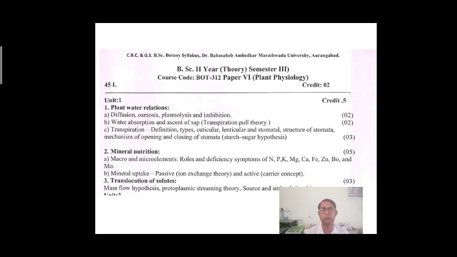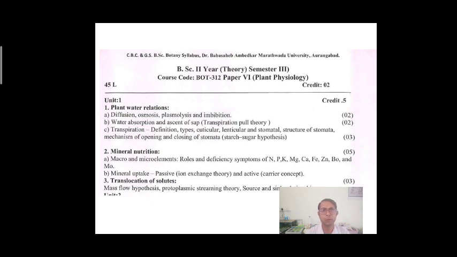These are the different terminologies we are going to concentrate on in unit number 1, plant water relation. Along with that, water absorption and ascent of sap. To transfer water from the roots to the plant, there are different mechanisms. These mechanisms include water absorption and ascent of sap.